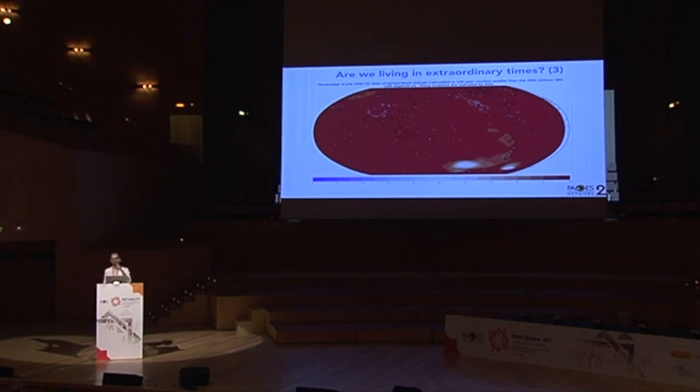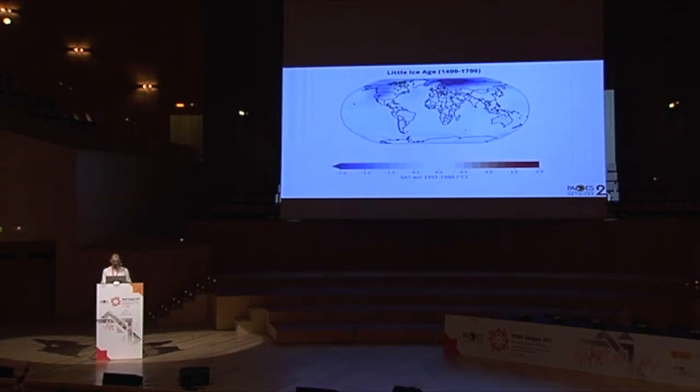Or not warmer, but is the rate higher than anything before? And you can see that overwhelmingly over almost all of the reconstructed domain, where we have proxy data, the 20th century is rising at an anomalously high rate, and it's only in these areas around Antarctica, where we don't happen to have a ton of data, that we don't find this result. So I would argue that we are living in extraordinary times.